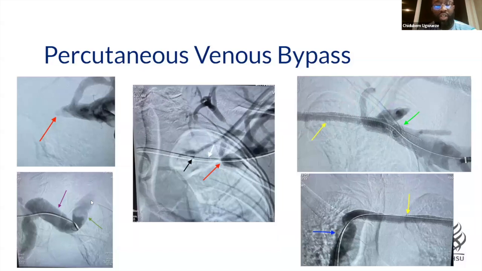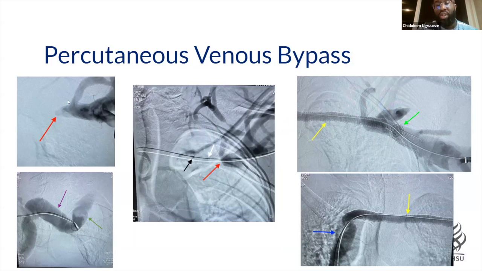You have ultrasound-guided venous access in here, and then once you have this access, you also get access into the subclavian vein as peripheral as possible. Now you have access going this way. You get a wire going through your access here.